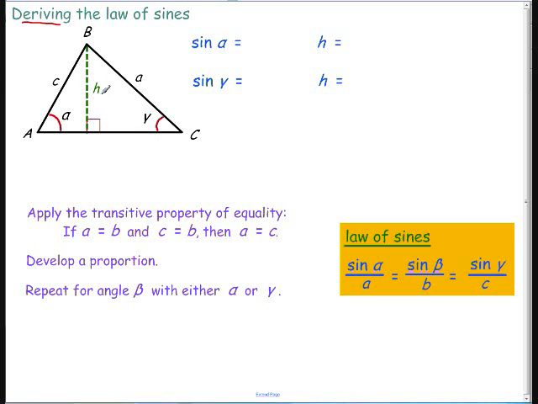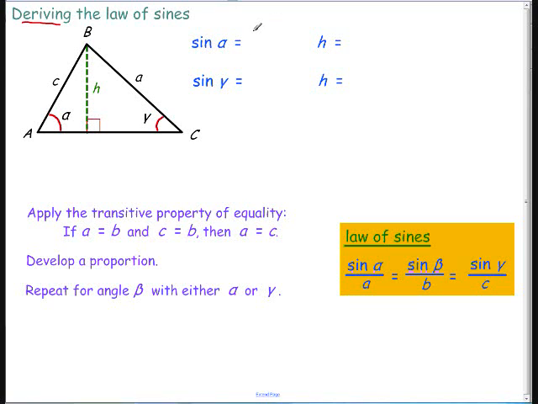We refer to this as the height or the altitude of the triangle. If I look at sine of alpha, it would be opposite over the hypotenuse, right? Because we're looking at the right triangle here.